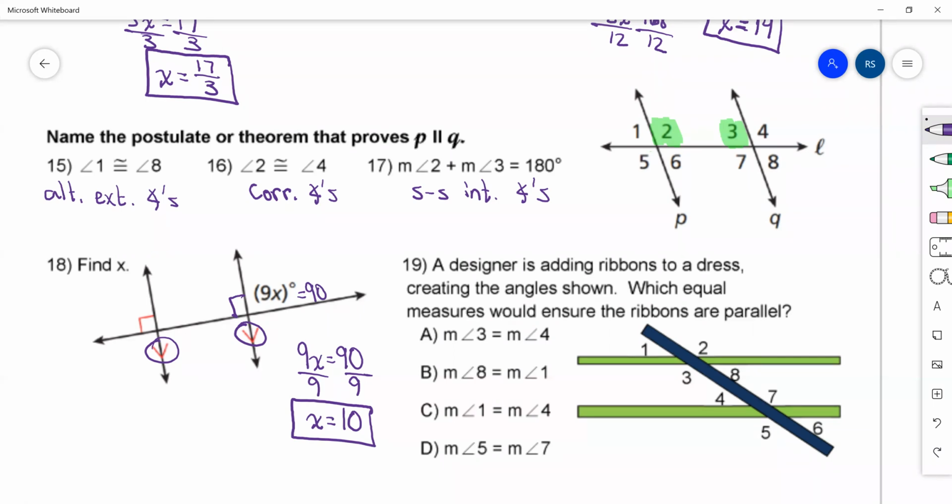If it does not give us a relationship, we throw it out. So A tells us that 3 is equal to 4. Should 3 and 4 be equal to each other? No. One's obtuse, one's acute. How can they be equal? Wrong.